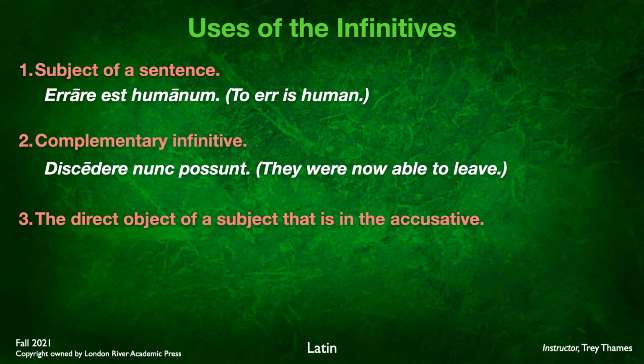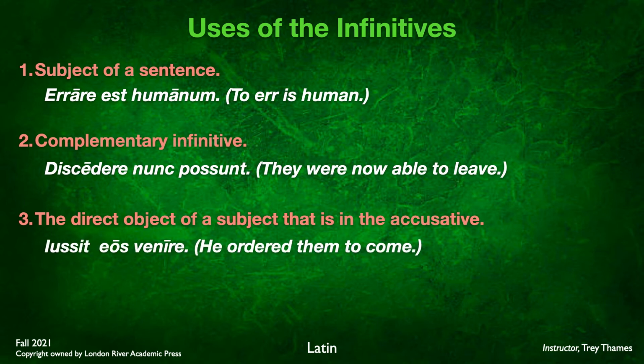A third usage, which we have talked about, is the usage of the infinitive as a direct object of a subject that is in the accusative. Here's an example. Iussit eos venire, he ordered them to come. Here, venire is being used as the direct object of eos, which is itself the direct object of the verb iussit.